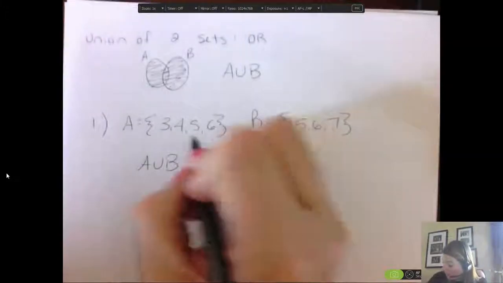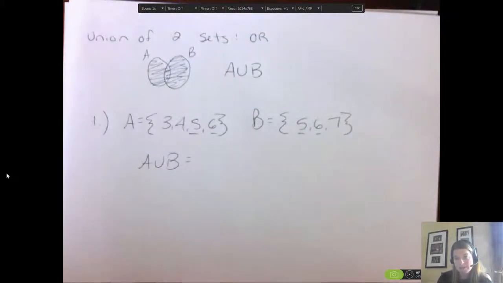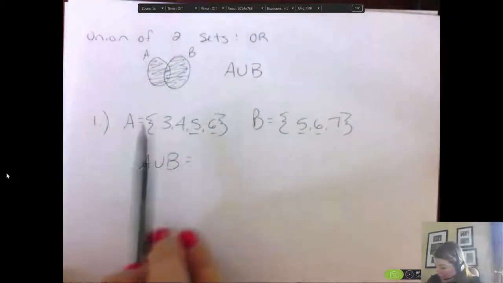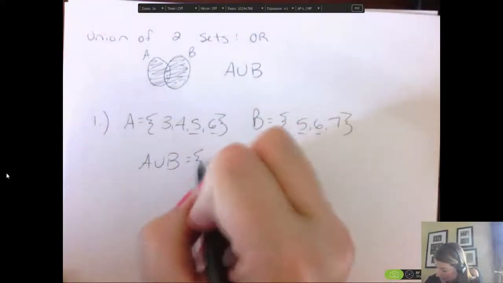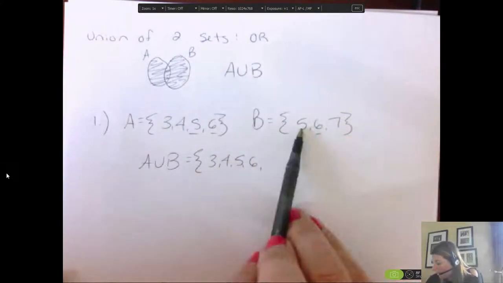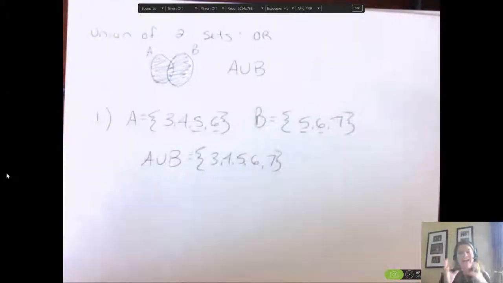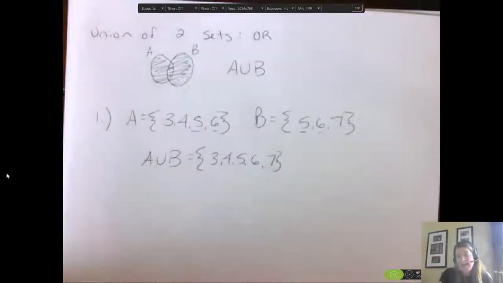So what do we have in common? We have 5 and 6 on both, so we only write those down once. We'll take everything in this set, so 3, 4, 5, 6. Then over here, we already took the 5 and 6, so then we have to add the 7. Have we included everything in A and everything in B? Then we've now unioned the sets together.